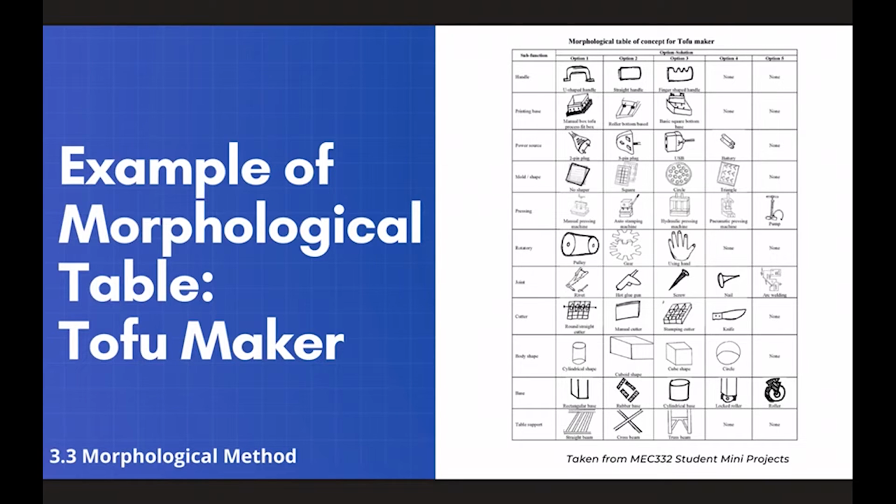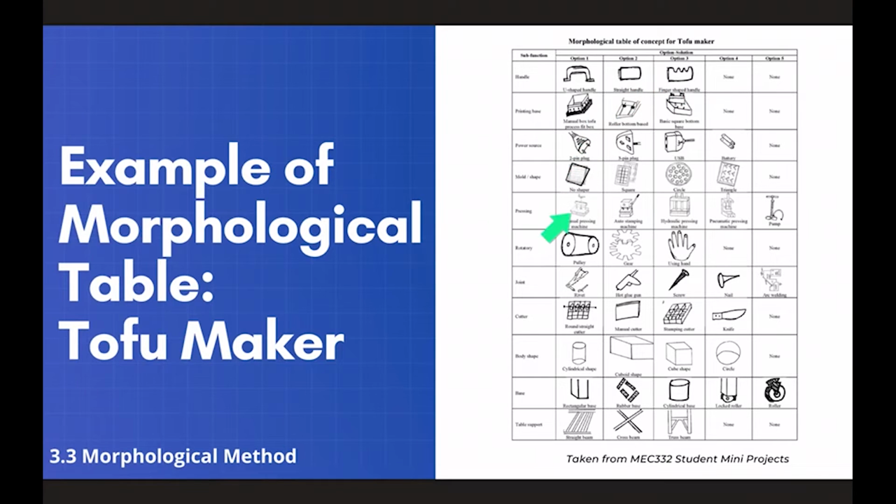Then step number 2 is to develop option solutions for each sub-function. For example, here is the sub-function of handle, so we will develop option solutions for the sub-function of handle. The first option solution is a U-shaped handle, the second is a thread handle, and the third is a finger-shaped handle.